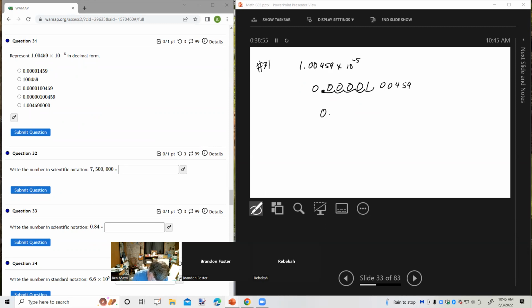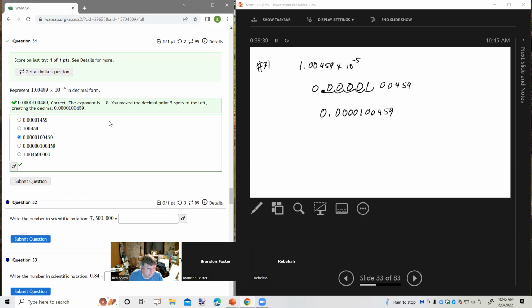But again, I'm going to put that leading 0, even though it's not required. So that, and then, let's see here. I've got what, 4 zeros followed by a 1. Oh, but this one's not right. That one's not right. I think this one, let's see, 4 zeros, and then 1 0. Yeah, it's this one here. Okay.